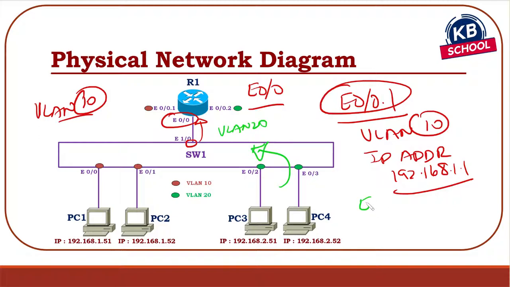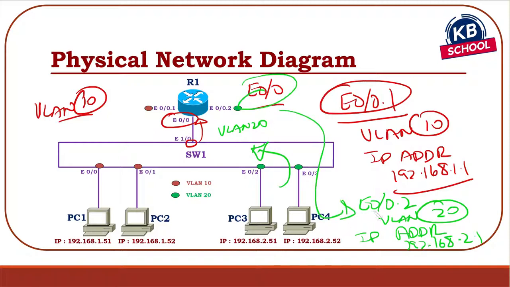And similarly, you would have created E0/0.2 with the VLAN tag of 20. I'll show you how to do that in a bit. So this address would have been 192.168.2.1. So VLAN tag 20 is the one that will allow E0/0 to forward the traffic to E0/0.2. And if it was with a VLAN tag of 10, it would forward the traffic to E0/0.1. All right, so that's how you do this.